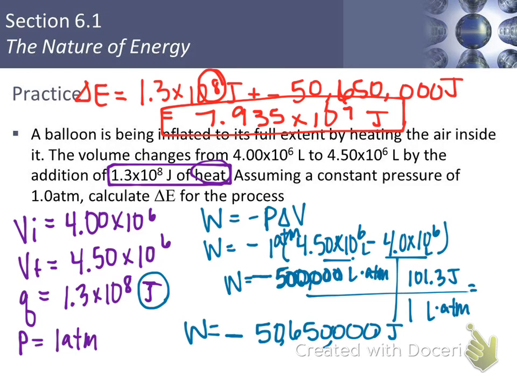Okay, does that make sense? That's our total energy then, 7.935 times 10 to the 7th. Because our initial energy was 0, right? Initially it was 0, and then all this, it changed.